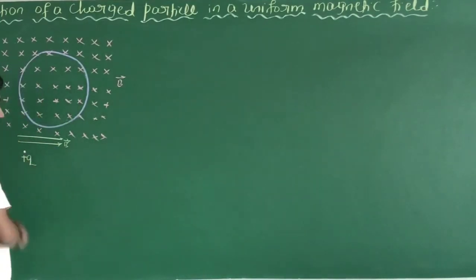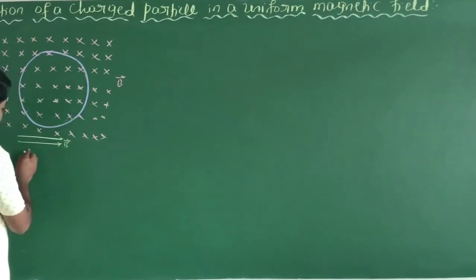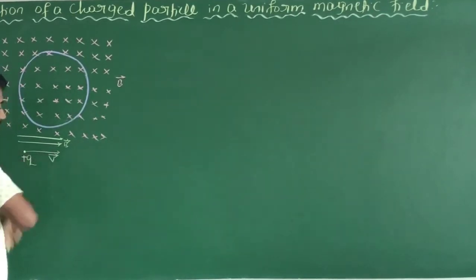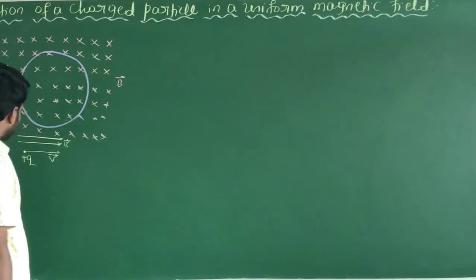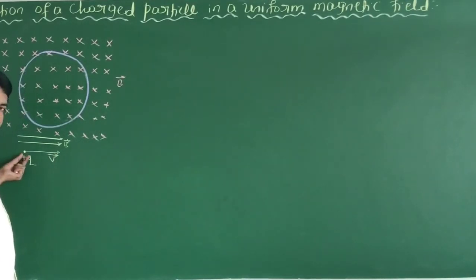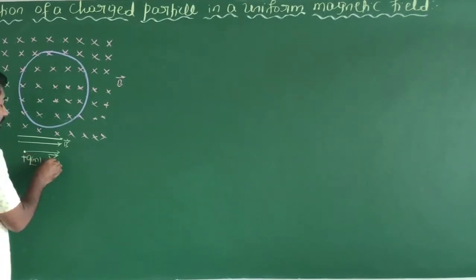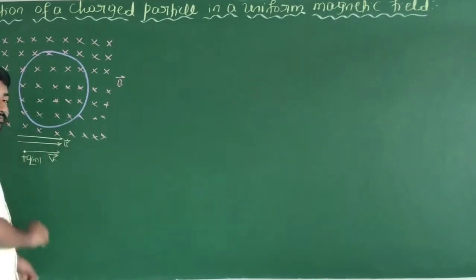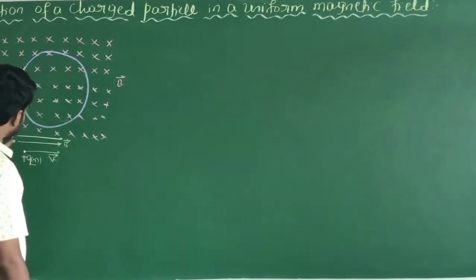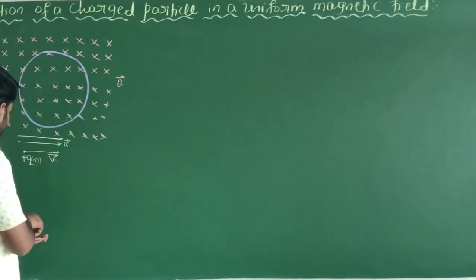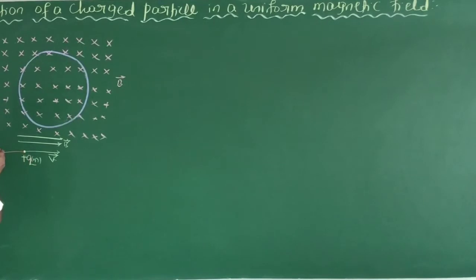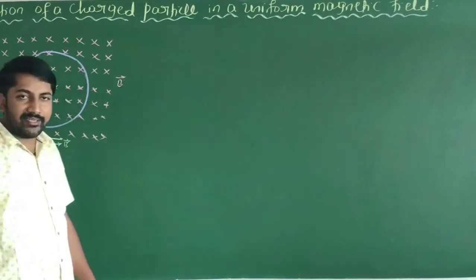This charged particle moves parallel to the direction of the magnetic field with the velocity v. Consider a charged particle Q with mass m moving with velocity v along the direction of the magnetic field, or anti-parallel to the direction of the magnetic field.